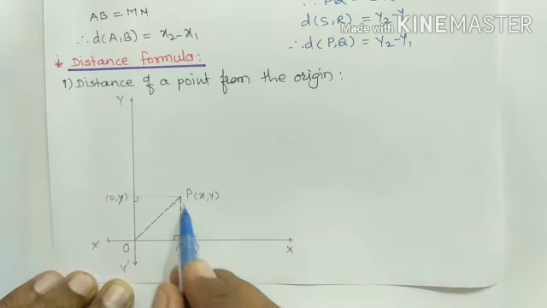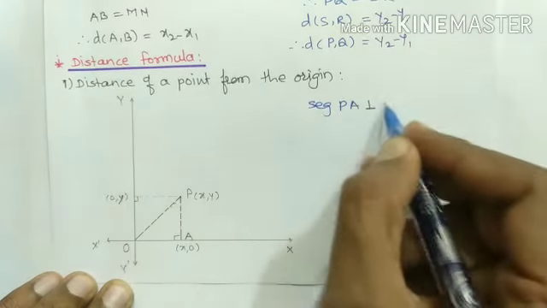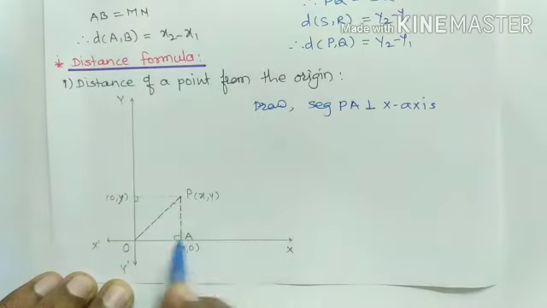Here we draw segment PA perpendicular to the x-axis. Now this triangle is a right angle triangle, and since PA is perpendicular to the x-axis, it means that PA is parallel to the y-axis.